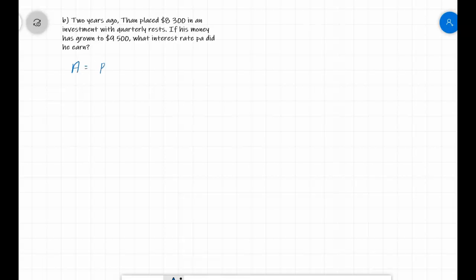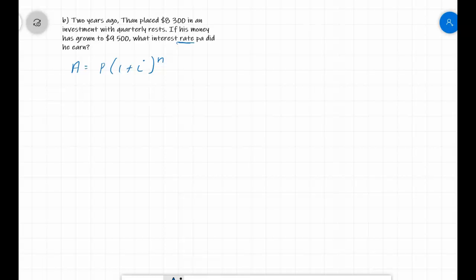A is equal to P, 1 plus I to the N. 2 years ago, Tan placed $8,300 in an investment account with quarterly rests. If his money has grown to $9,500, what interest rate per annum did he earn? So I'm looking for the interest rate this time.